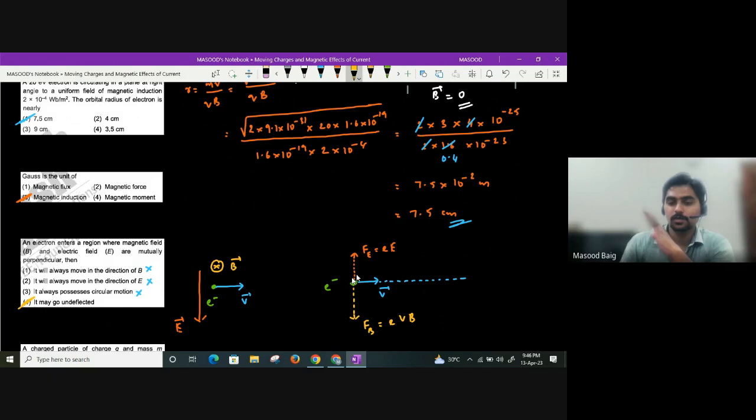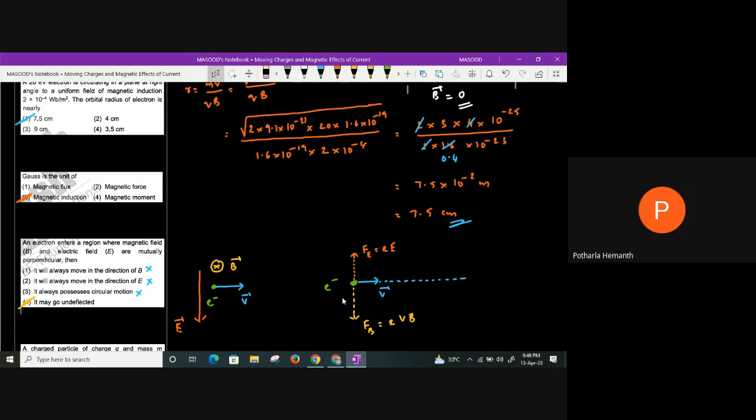So it may perform circular motion if it is always perpendicular again, or it may follow a parabolic path. In the same manner, if magnetic force is greater, it may follow a parabolic path or it may perform circular motion. But they are saying it always possesses circular motion. Is it correct? No, it depends on the strength of electric field and magnetic field. There is a possibility that it may perform circular motion or a parabolic path, projectile motion. Understood? Yes, sir.